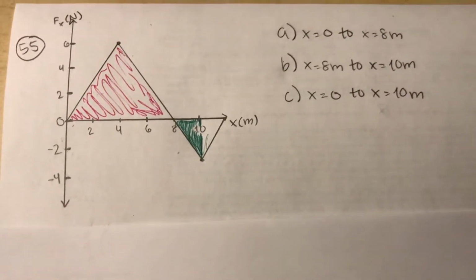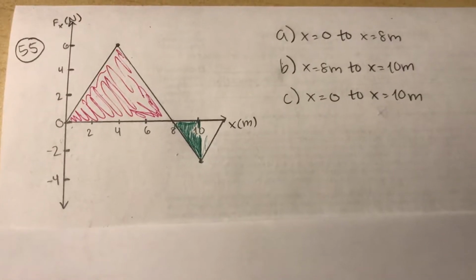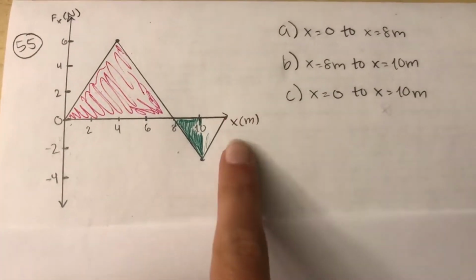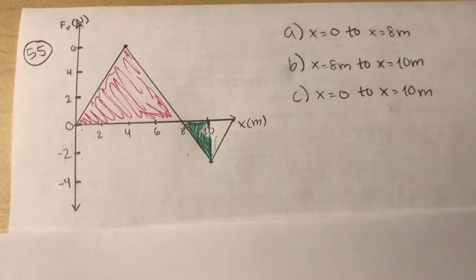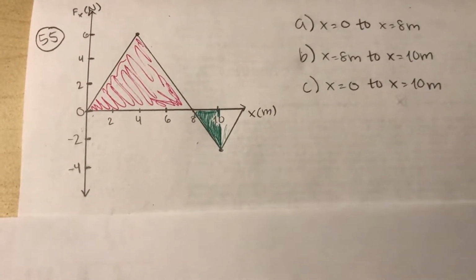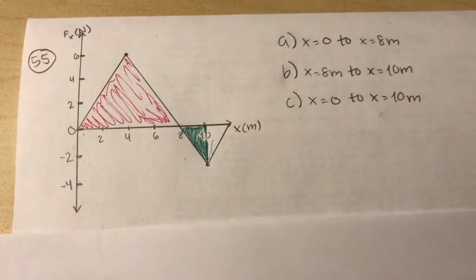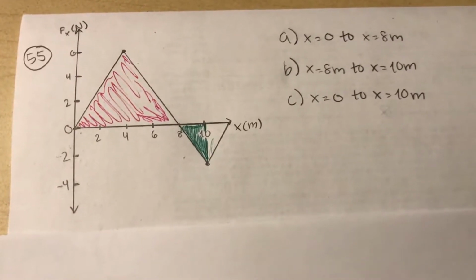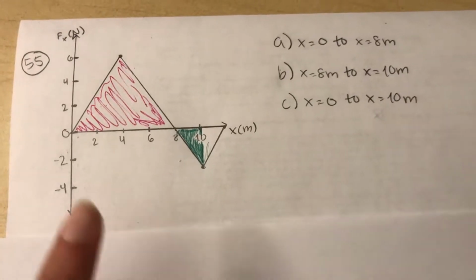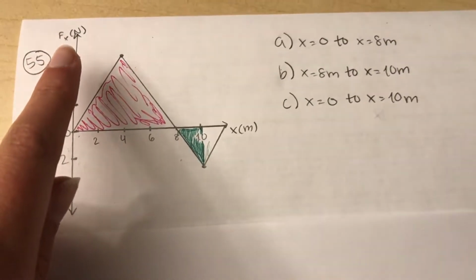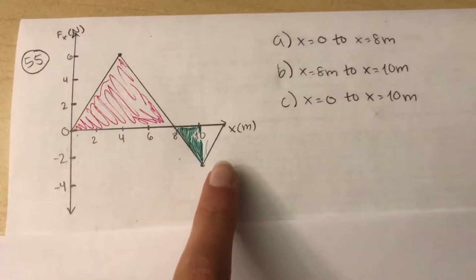I'm saying displacement because we know that X is referring to displacement. So for A, I just want to take a moment to make the connection. Work is force times displacement, so it would make sense to multiply the y-coordinate times the x-coordinate.